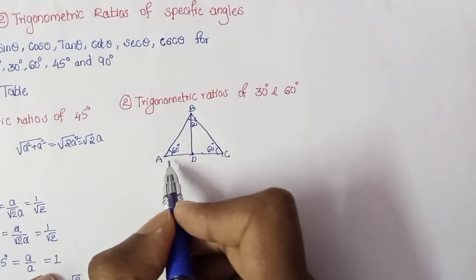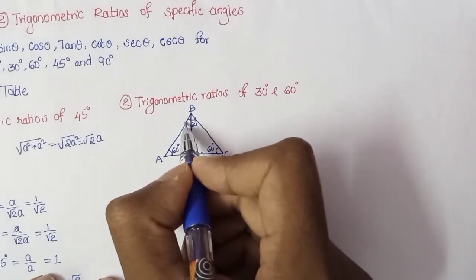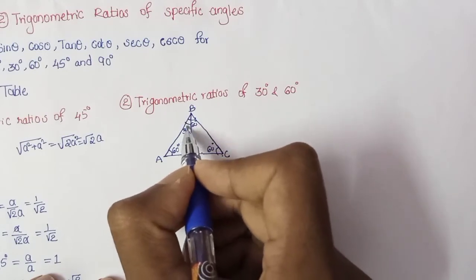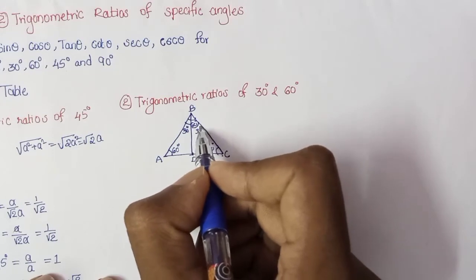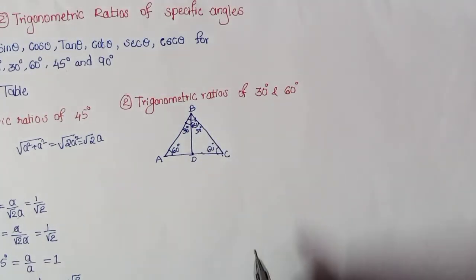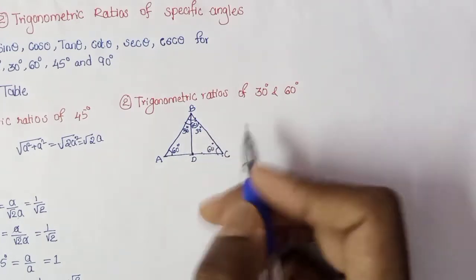So AD is equal to CD. It bisects the 60 degrees into two halves, that is 30 degrees and 30 degrees.